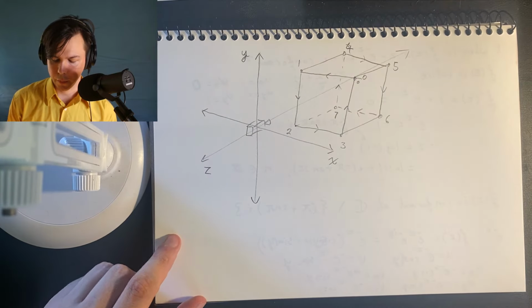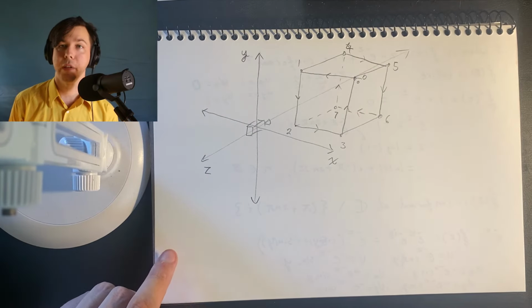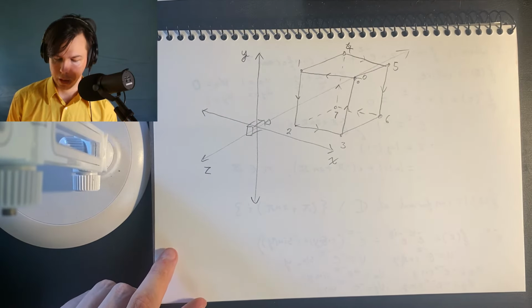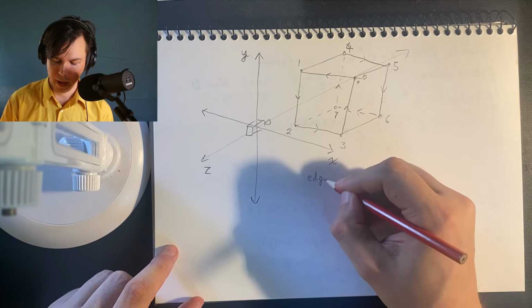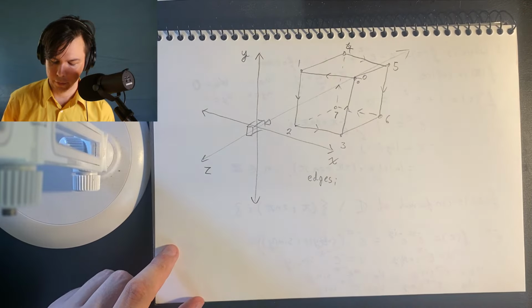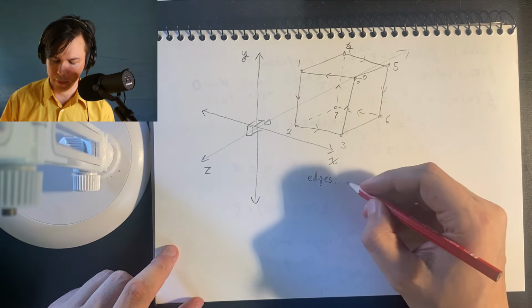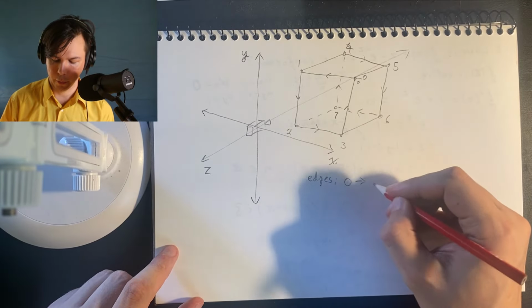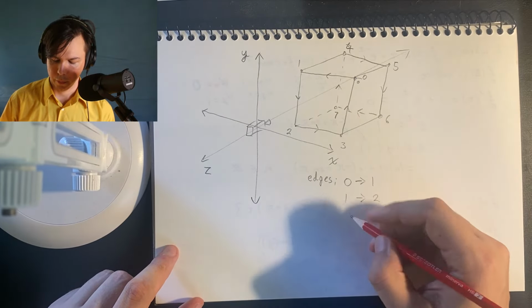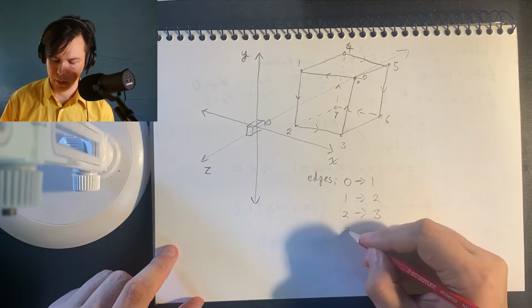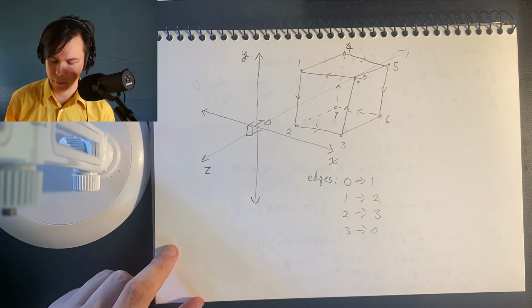Okay, so that is more or less the scene that we'll be drawing, but in addition to points, I'm also going to need to define some edges so that I can draw things. So imagine I'll have an edge which goes from point 0 to point 1, point 1 to point 2, 2 to 3, and then 3 back around to 0.